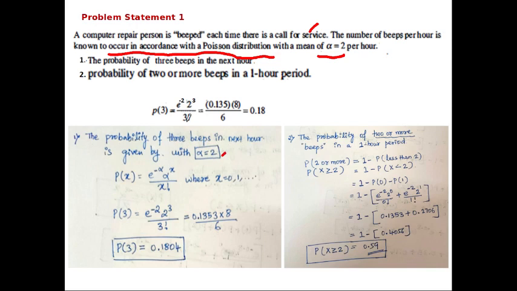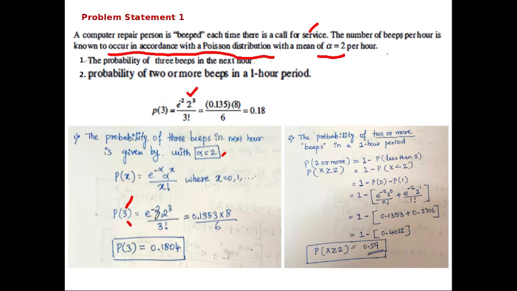This is calculated using this particular equation: probability of x equal to e raised to minus alpha, alpha raised to x divided by x factorial, where x equal to 0, 1, and so on. The value of x is 3, because we are finding the probability of 3 beeps in the next hour.